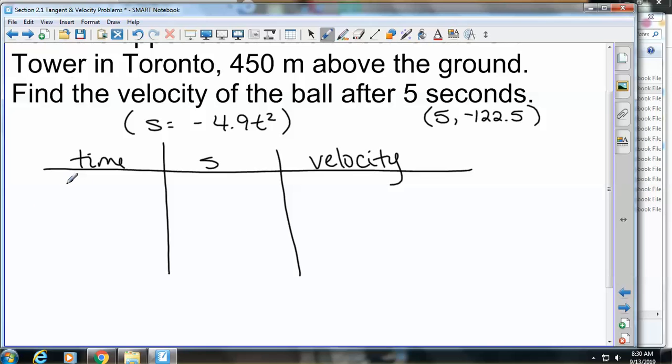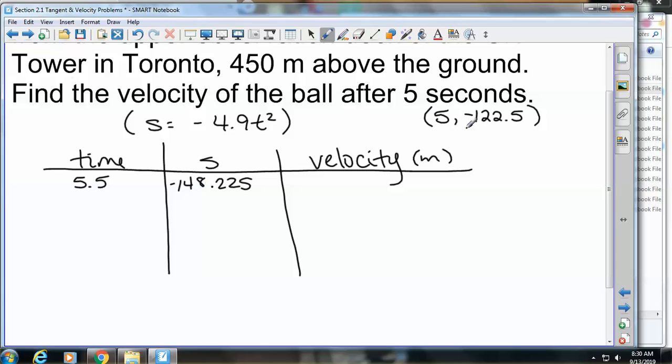Let's just say we did between 5 and 5.5 seconds. If you plug a 5.5 in, then to find the velocity between these, this is just slope.